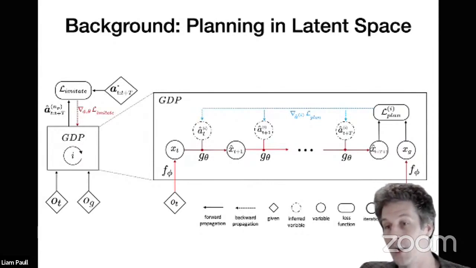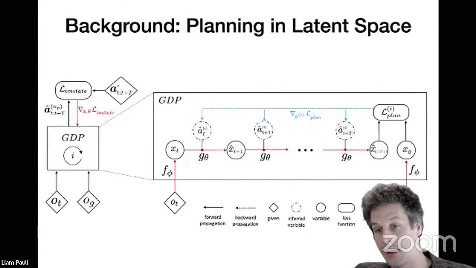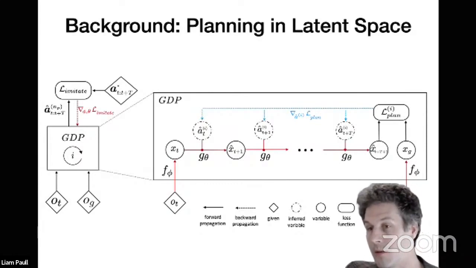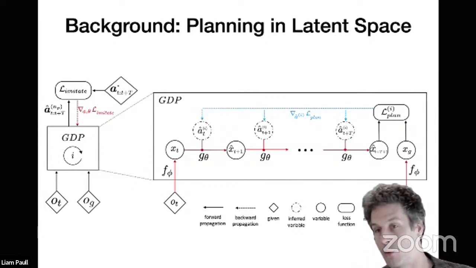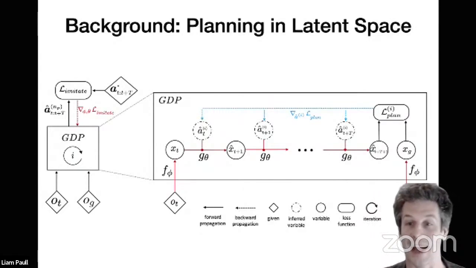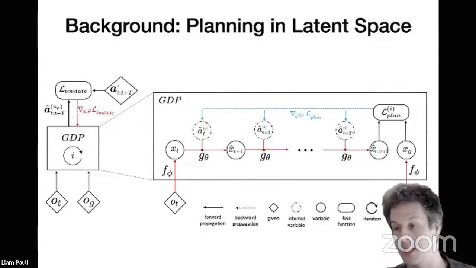And then we want our embeddings, the embedding of the target that's been fed forward, to be as close as possible to the embedding of the goal. And we can do this planning process with just simple gradient descent, where we use the planning loss to find the actions that move us in latent space as close as possible to the target embedding.